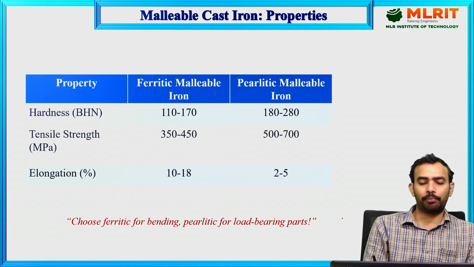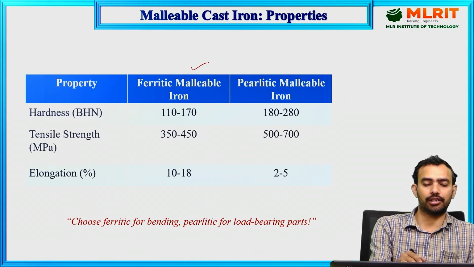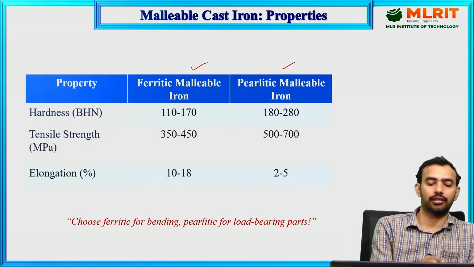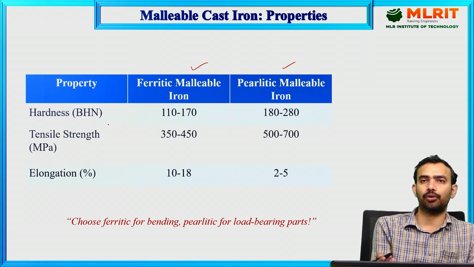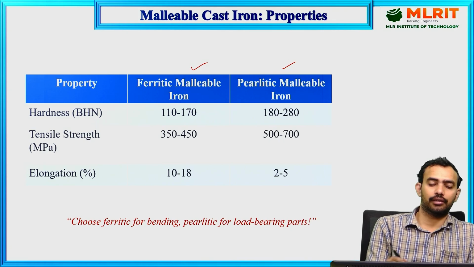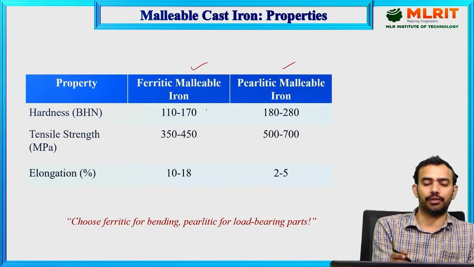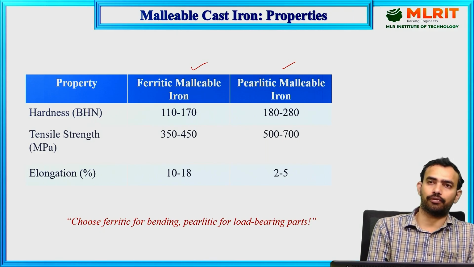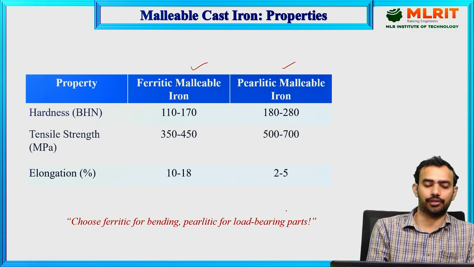So some of the properties are discussed. We have two varieties. One is ferritic malleable cast iron, then we have pearlitic malleable iron. Hardness is relatively lower when compared to white cast iron, even though the raw material is white cast iron. All the cementite present in the white cast iron gets decomposed and forms graphite in aggregated form.